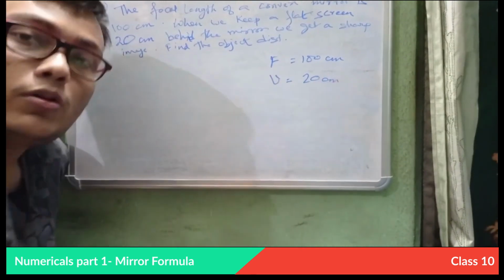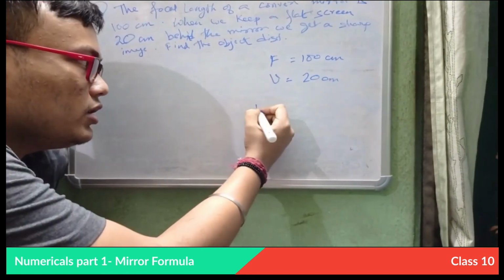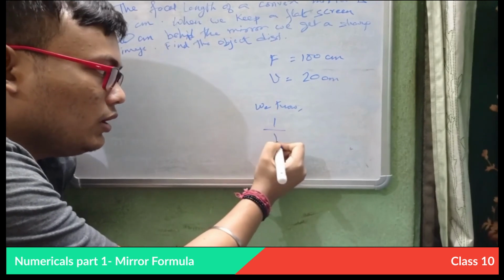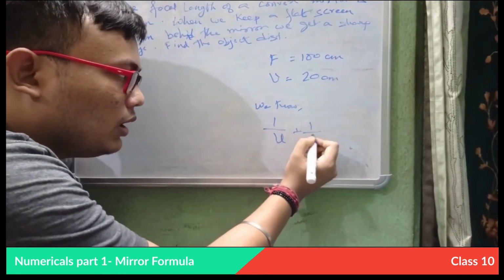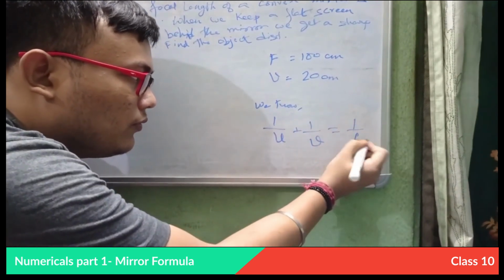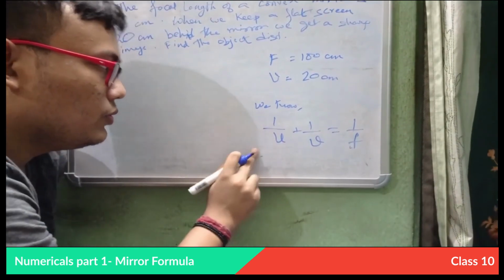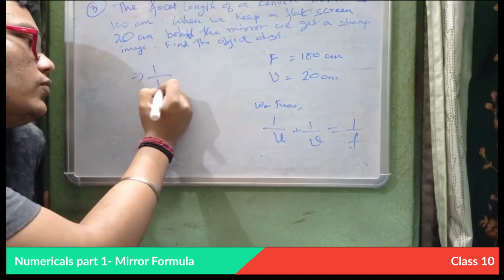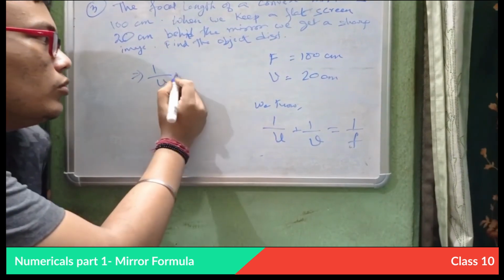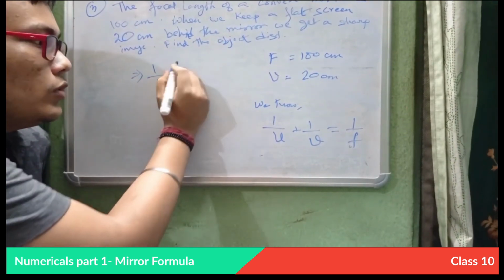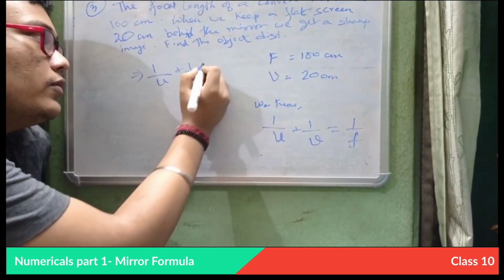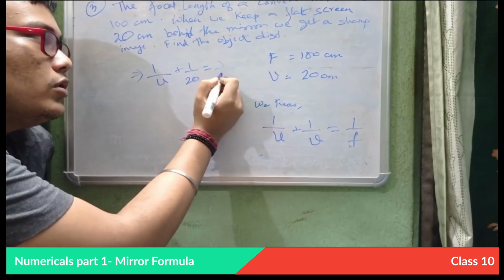From the mirror formula, the relation we know is 1 by u plus 1 by v equals 1 by f. Now 1 by u is what we need to find out. v in this case is positive and 1 by f is also positive.